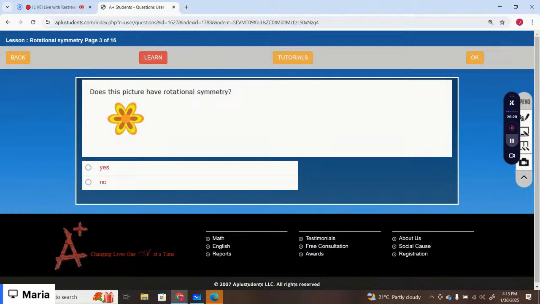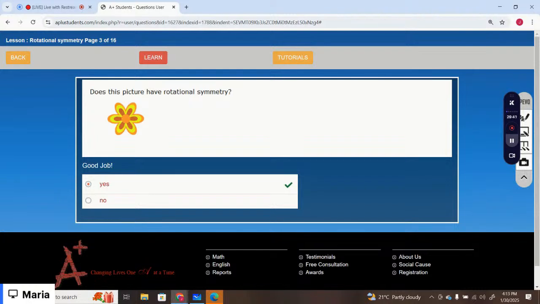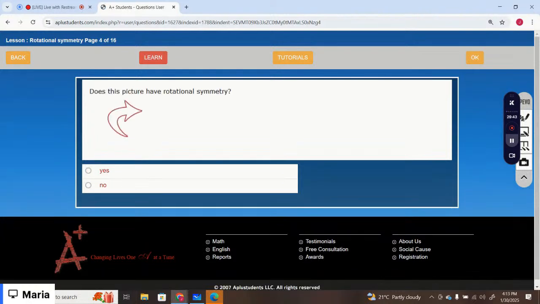Does the picture have rotational symmetry? The correct option is yes. Option 1 is the correct option. Does the picture have rotational symmetry?